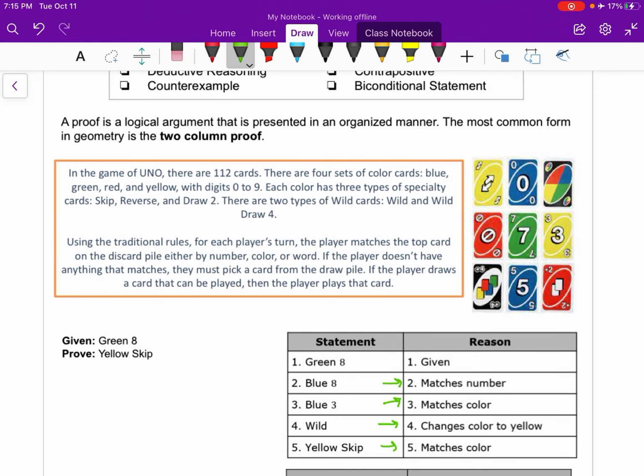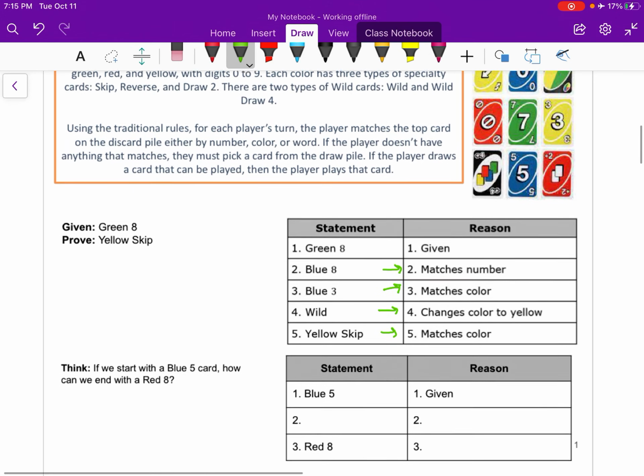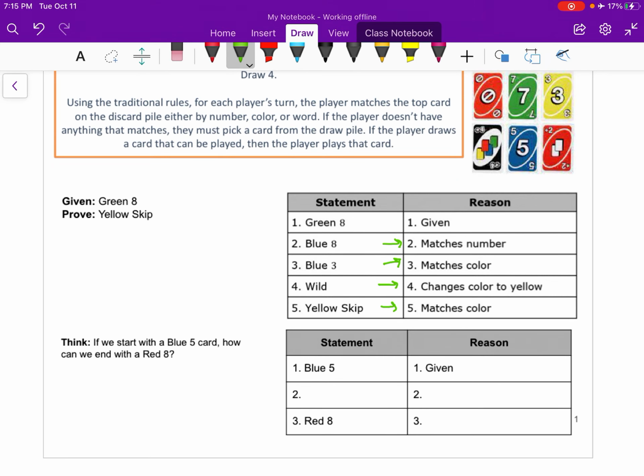So let's try this together with the proof at the bottom here. If we start with a blue 5 card, how can we end up with a red 8? Well, if we look here, we can only make one move in order to get from blue to red.